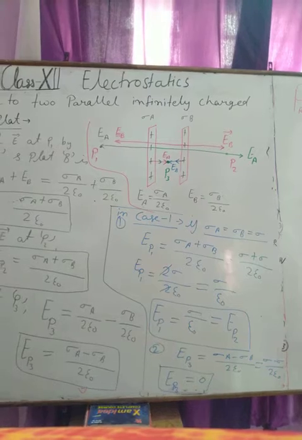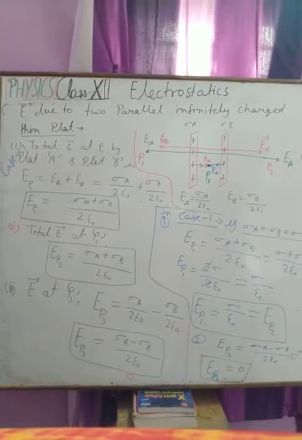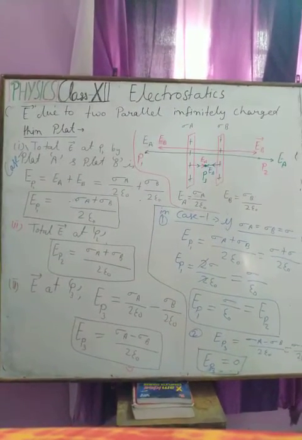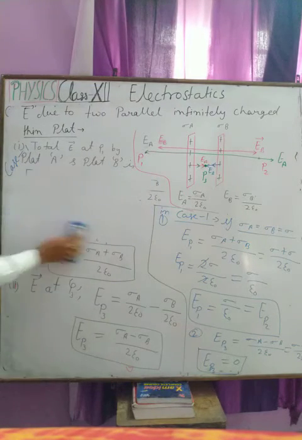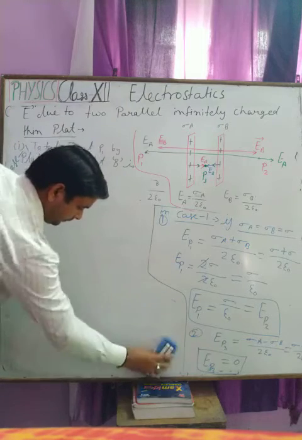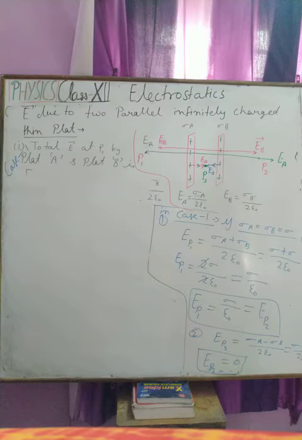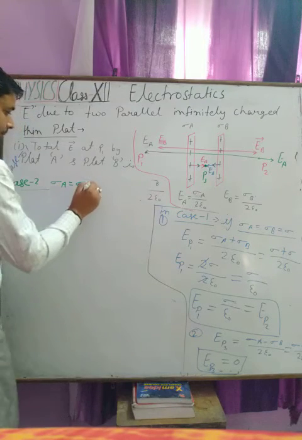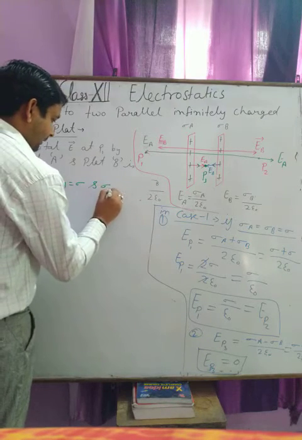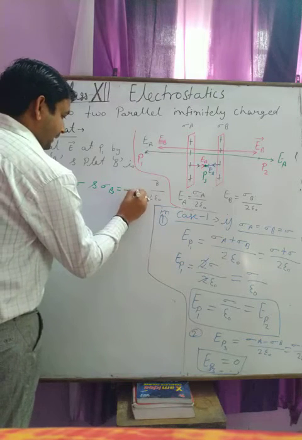Now see, case 2, where sigma A is sigma and sigma B is minus sigma.